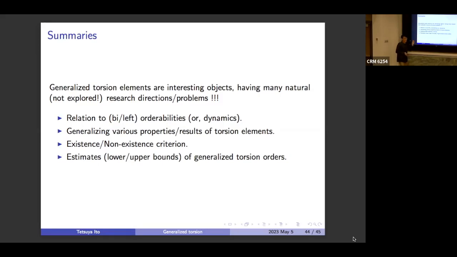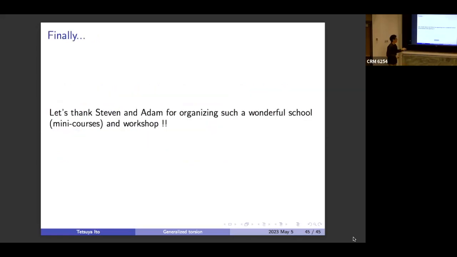In particular, I have established a lower bound of generalized torsion orders, but I have no good upper bound, so giving some a priori upper bound will be useful. Okay, let's thank Steve and Adam for organizing such a wonderful workshop.